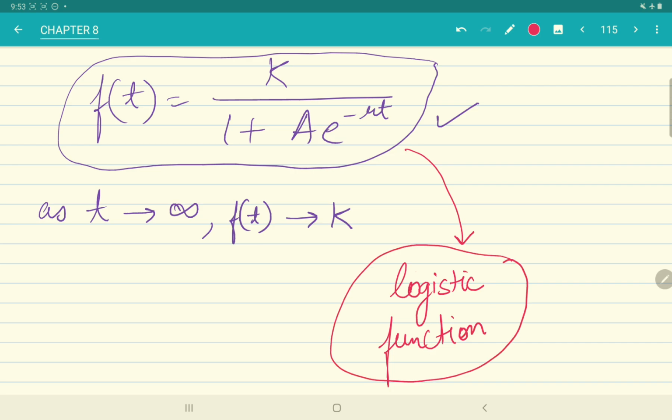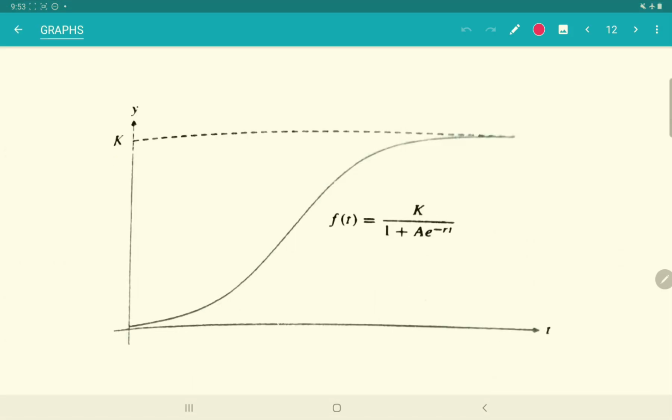And if we have to denote this graphically, we can see that this k is the carrying capacity, and we know that as t tends to infinity, f of t is going to tend to k.